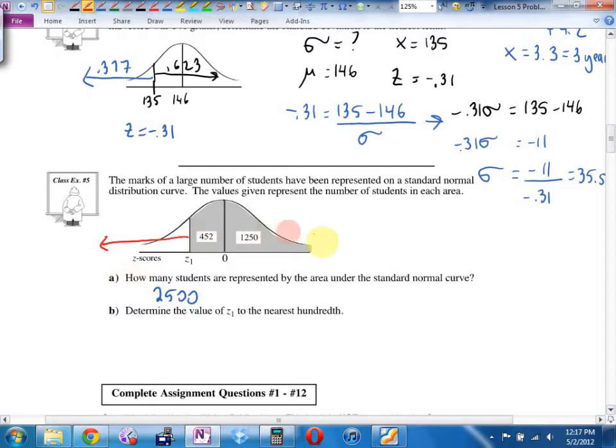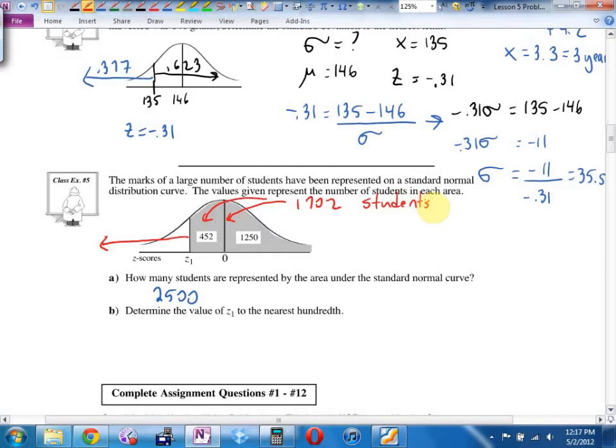How many kids from here to here? How many? Can someone add those together? Jacob? So this is here and here, 1,702 students.